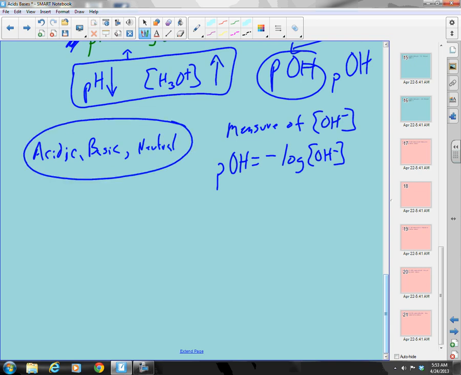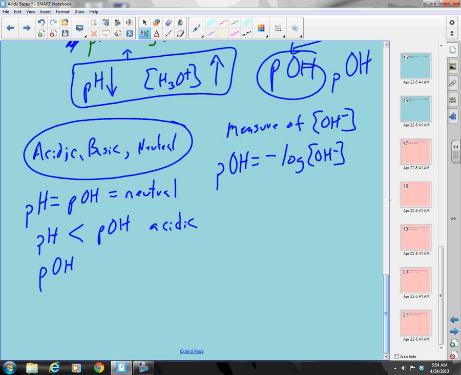So how do we use these? If my pH equals my pOH, then that is neutral. If pH is less than pOH, then it is acidic. If pOH is less than pH, then it's basic. Now, in all honesty, these are not very helpful for us. What is very helpful are the numbers at 25C.